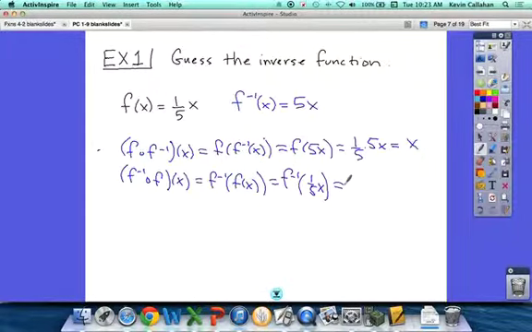And then evaluate the outer function. Plug this in there. 5 times 1/5 times x. That's what you expect for the function and its inverse. Everything else cancels, and all you have is the variable x that's left.